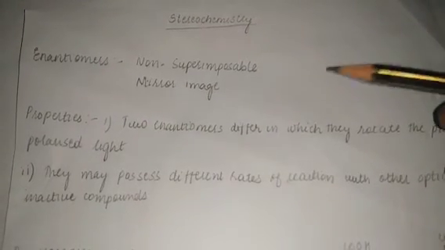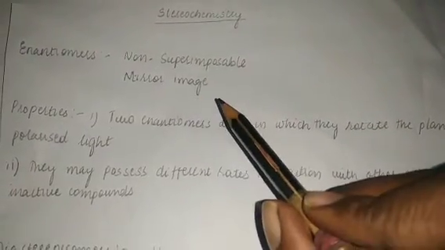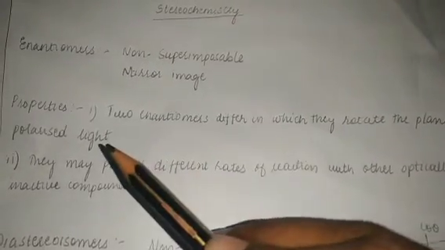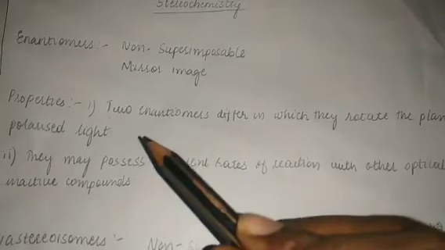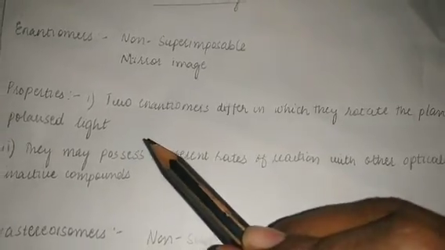So in general, enantiomers are non-superimposable and mirror image forming stereoisomers. If we look at the properties of these, the two enantiomers differ in the way they rotate plane polarized light.